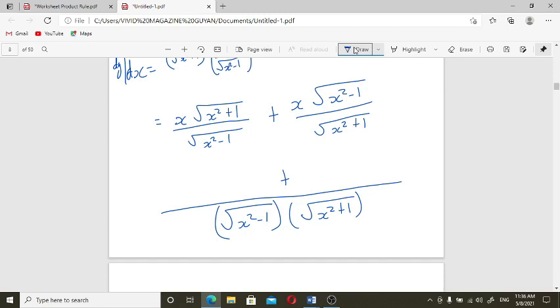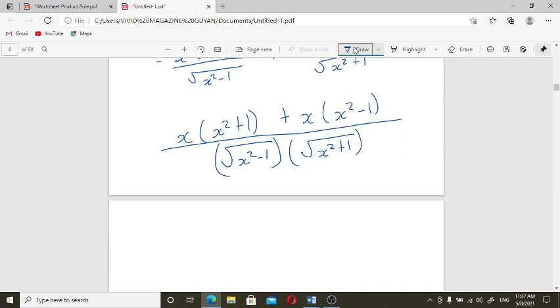So this is going to be multiplied by the root of x squared plus 1, and this side here is going to be multiplied by the root of x squared minus 1. So you should already recognize that the root symbols are going to cancel, giving you just what's under the root symbol. So I'm going to have x times x squared plus 1 multiplied by x times x squared minus 1.